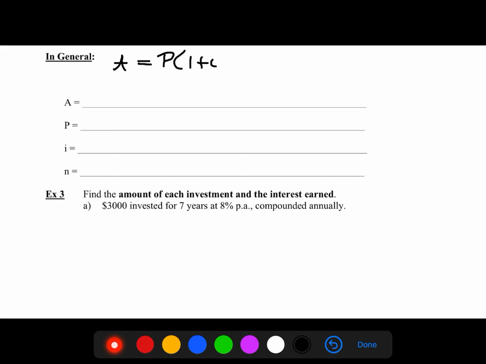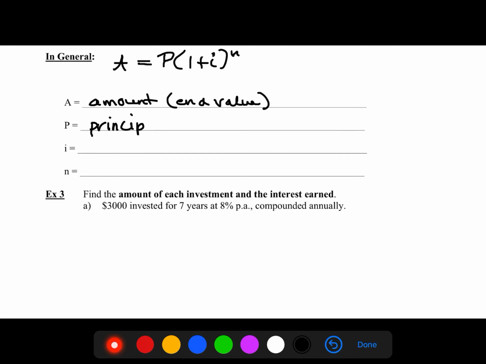Now, looking at this, we can do this for any compound interest investment. Our formula is the amount is equal to the principal times 1 plus i to the power of n.